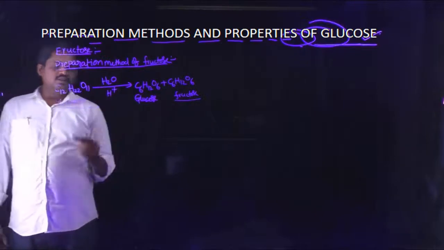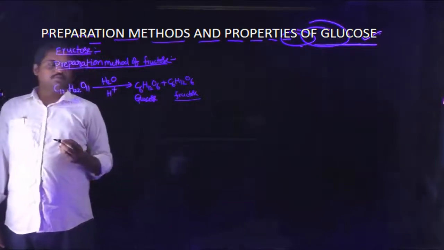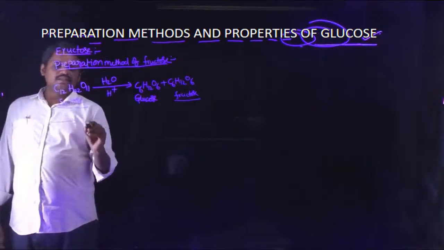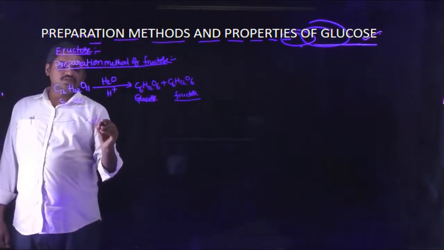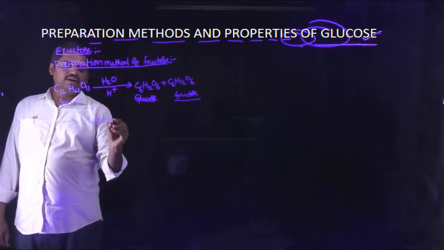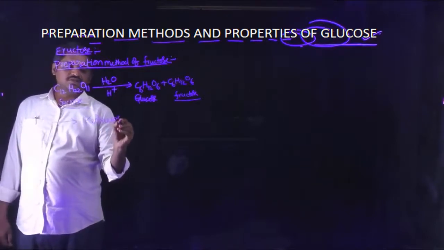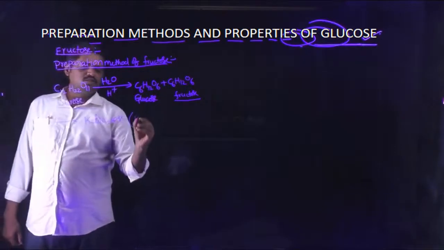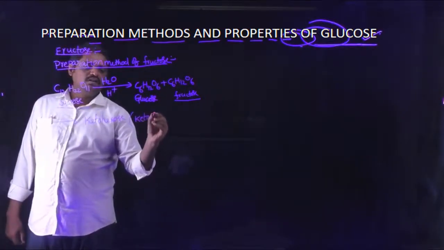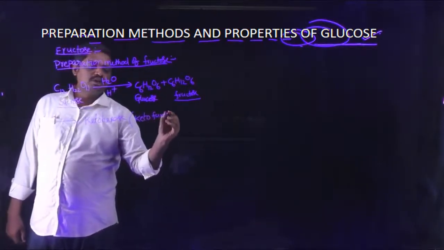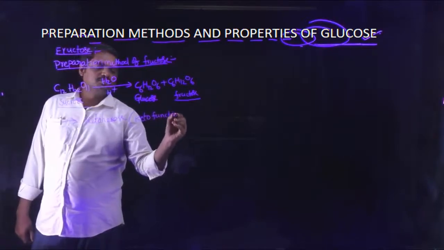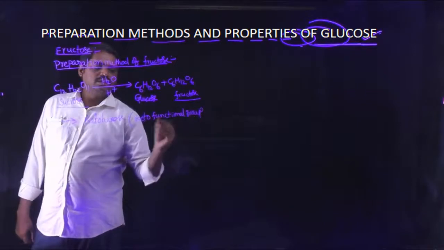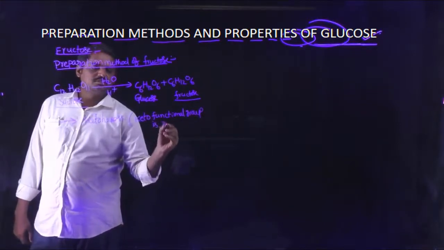Next, some of the important properties of fructose. This is a ketohexose. Ketohexose means one keto functional group is present in it.